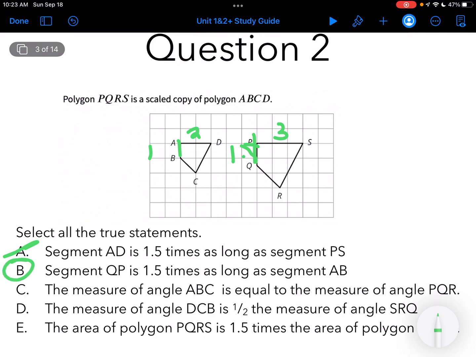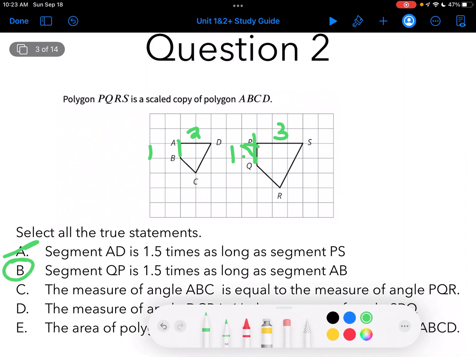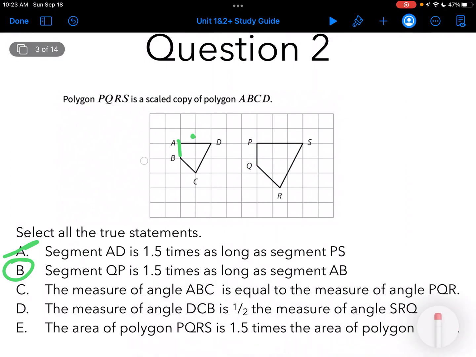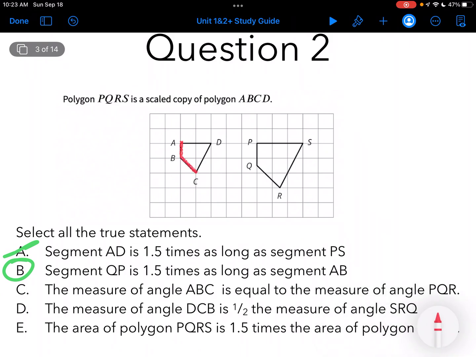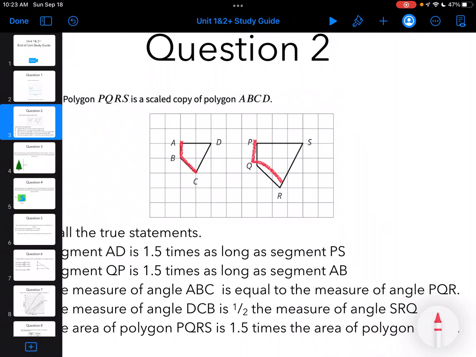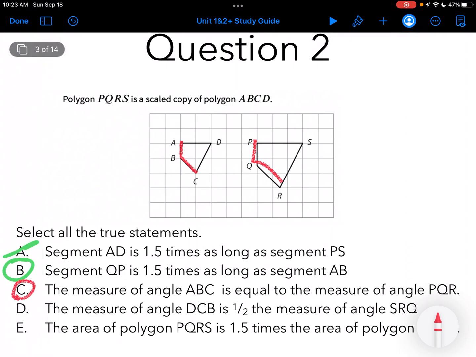So B is correct. The measure of angle ABC is equal to the measure of PQR. Well, I know the angles are exactly the same size, so that's true. The measure of angle DCB is half the measure of angle SRQ. Well, I know the angles are exactly the same size, so that's out.